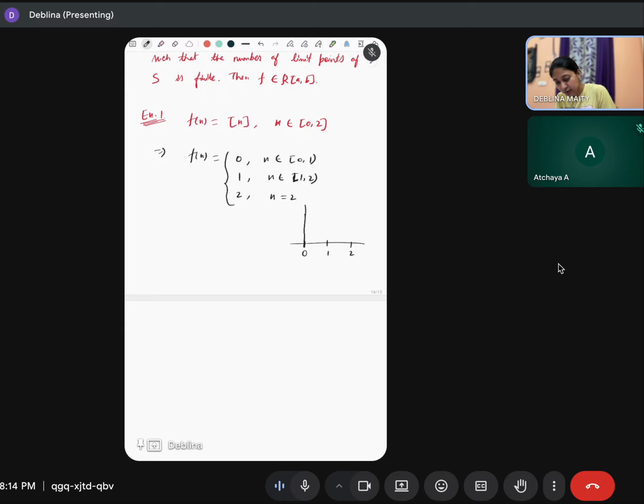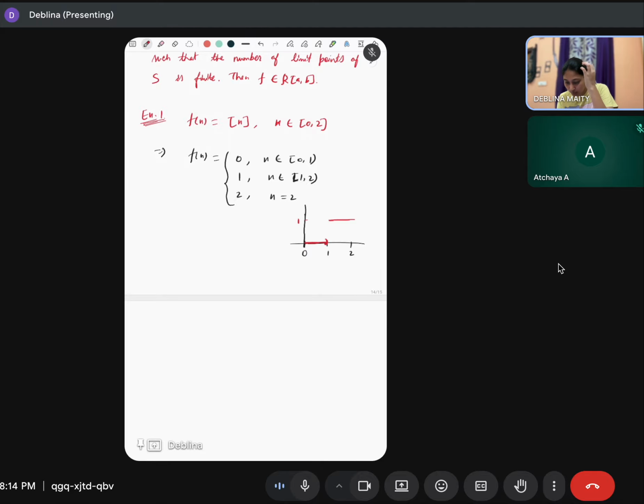So from 0 to 1 it is 0, and from 1 to 2 it is 1, and at 2 it is 2, right?